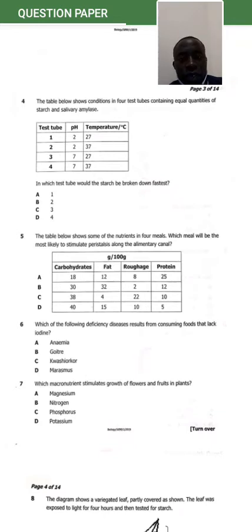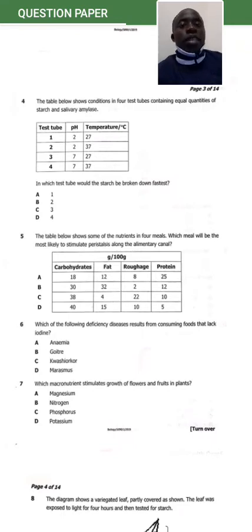Question 6. Which of the following deficiency diseases results from consuming food that lacks iodine? Food that lacks iodine causes goiter. So the correct answer there is B, goiter. So when you eat food or salt that lacks iodine, it causes goiter.